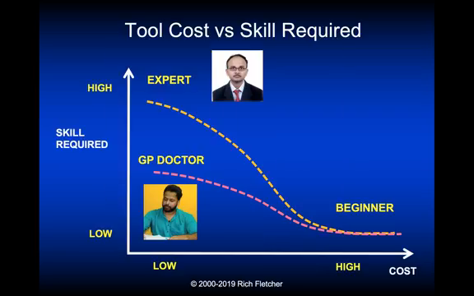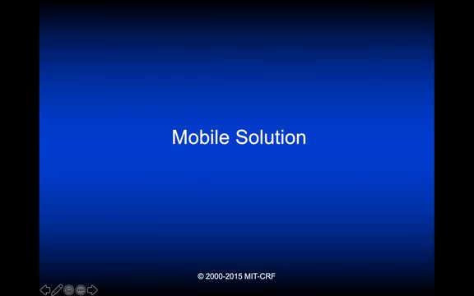So with some algorithm and some programming, it is now possible to give this tool to somebody such as a young GP doctor, and he can have the same ability as a more expert doctor using the stethoscope. That's an example of how the mobile and the intelligence in the mobile can be used to augment or enhance the abilities of a doctor or another health worker or clinician.